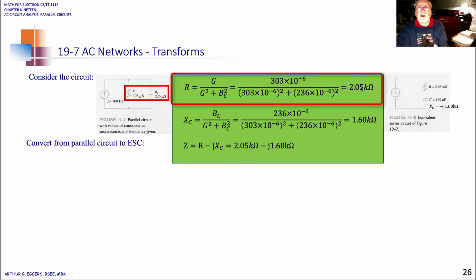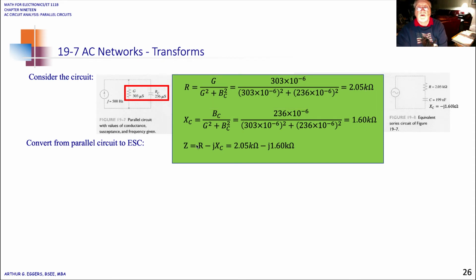And so what we get as our solutions are our equivalent series components. Okay, so in doing so, we get 2.05 K, 1.6 K. You can see it here in the equivalent rectangular form where we just plug those values in.